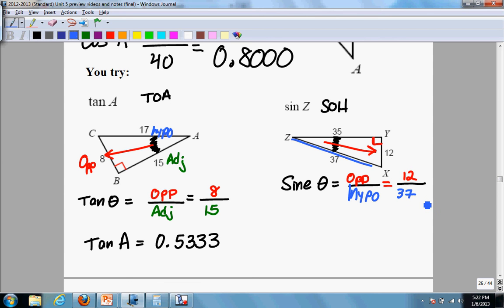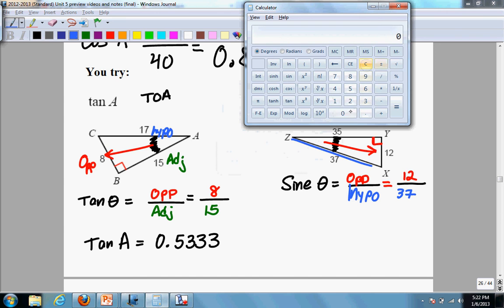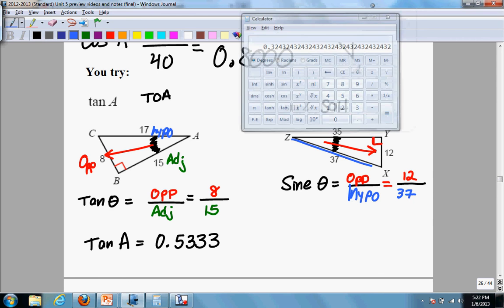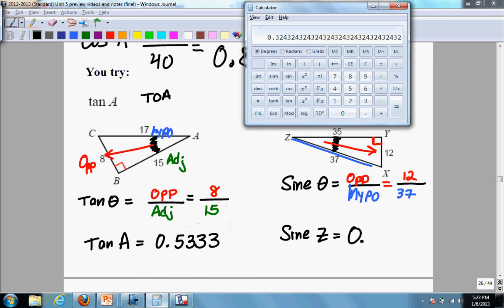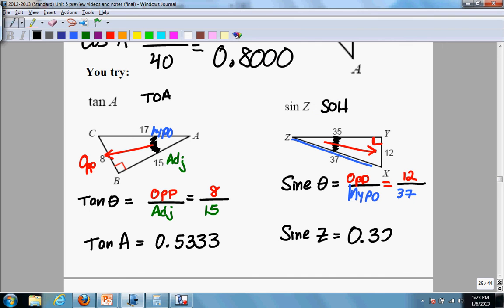So now we're going to do 12 divided by 37 in your calculator. Take it to the fourth decimal place, 0.3243. So in this case, the sine of Z is equal to 0.3243.